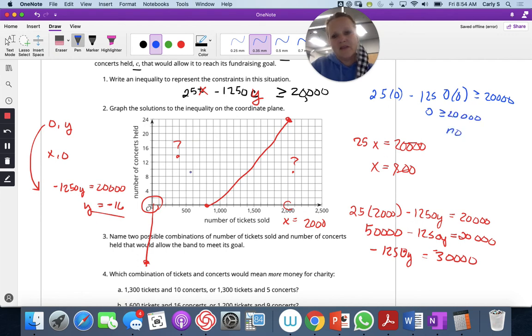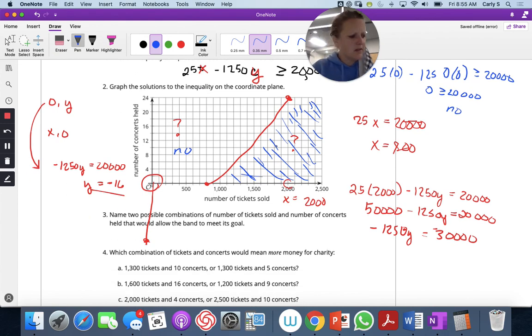No, that is false. So don't shade that side, shade the other side. So every single ordered pair underneath these blue little dash marks are solutions to this system.